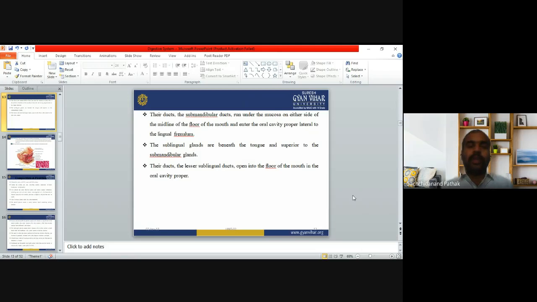The sublingual glands are beneath the tongue. Okay. So parotid glands near the ear, submandibular glands floor of mouth, and sublingual glands beneath the tongue. Sublingual glands are just beneath the tongue, but superior to the submandibular glands.